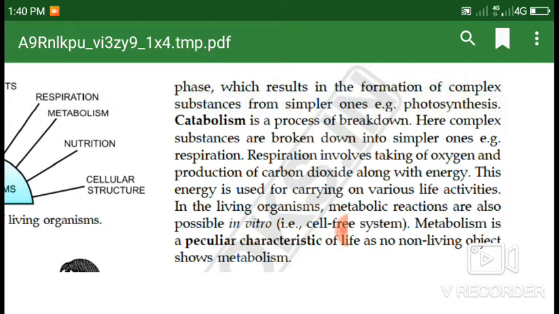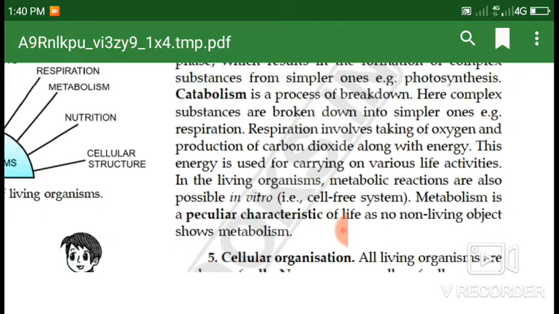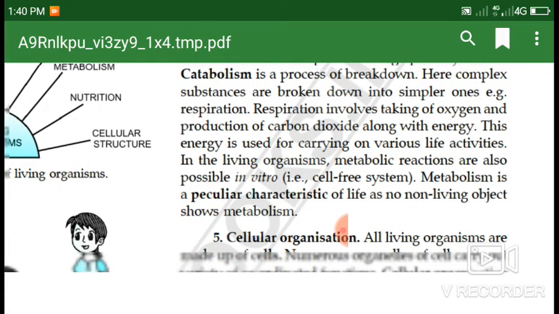Respiration involves the taking of oxygen and production of carbon dioxide along with energy. This energy is used for carrying on various life activities in living organisms. Metabolic reactions are also possible in vitro, that is, in a cell-free system. Metabolism is a peculiar characteristic of life, as no non-living object shows metabolism.